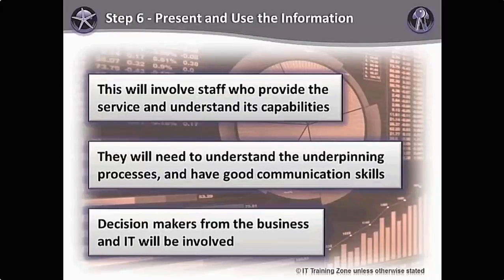Step 6, presenting and using the information, is next. Again, this will involve staff who provide the service and who understand the capabilities of the service. They will also understand the underpinning processes and possess good communication skills. In summary, key decision-makers from both IT and the business will need to be involved.